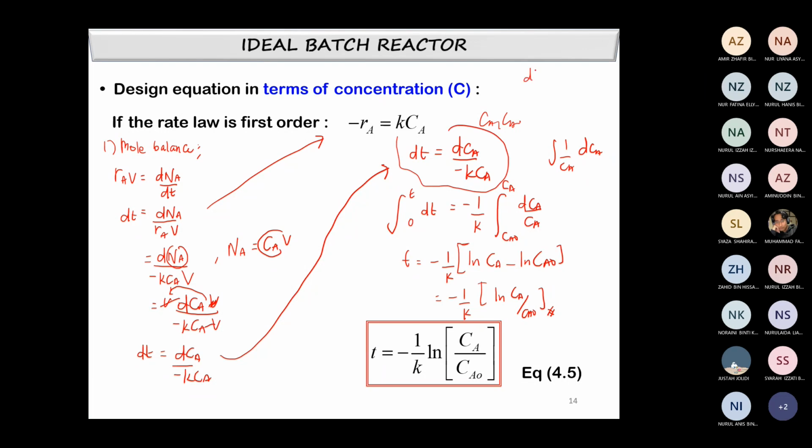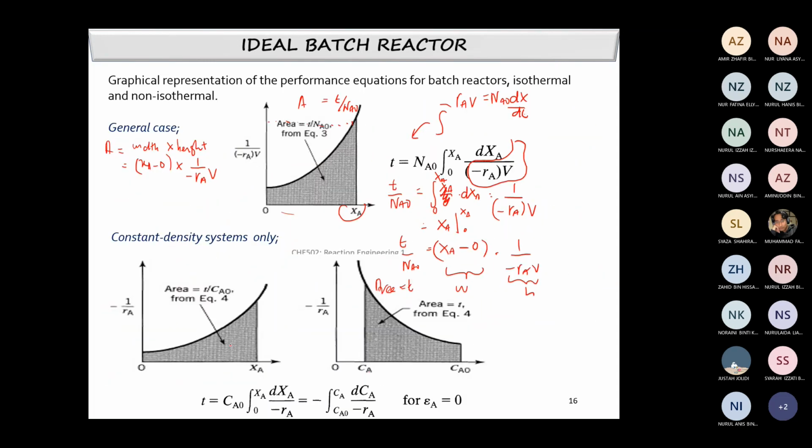We have dT is equal to dCA over negative RA. Okay, so daripada situ ataupun you boleh tengok yang dekat sini. Okay, you akan dapat ni lah. Okay, so kita ada T is equal to CA0 integral of dx over negative RA. So sebenarnya kita boleh tukar X ni in term of C. Ingatkan tadi kita ada in term of conversion and in term of concentration.